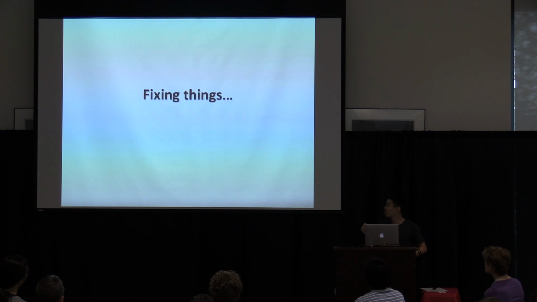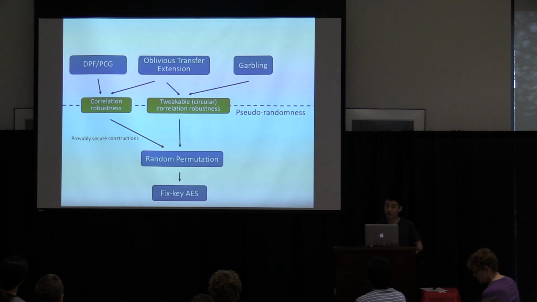So we want to fix all this kind of stuff without sacrificing the performance. Essentially, what we do is that we proposed and summarized a list of pseudo-random objects that sit in the middle between the protocols and the symmetric key stuff, including correlation robustness, tweakable correlation robustness with circularity or without circularity.